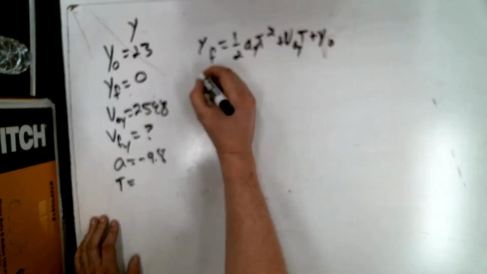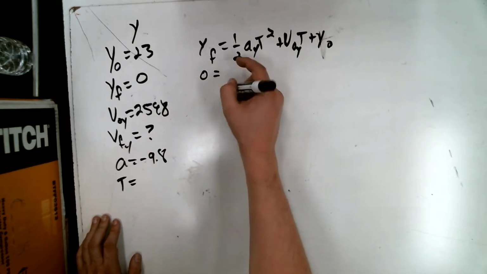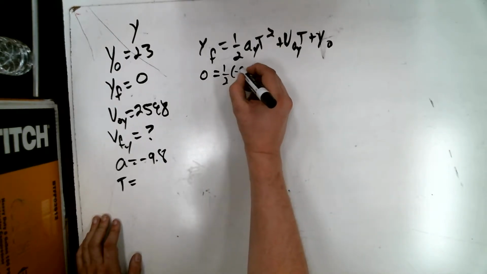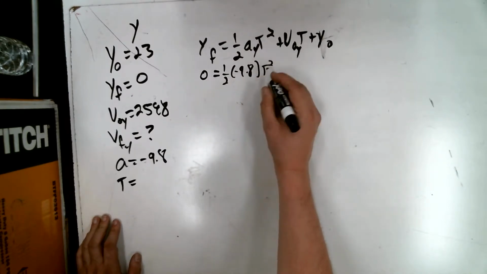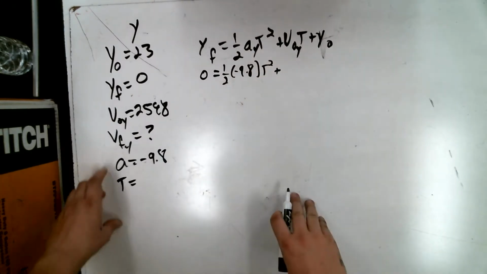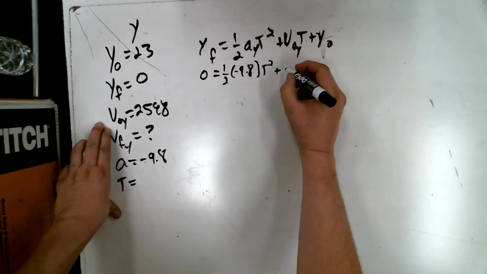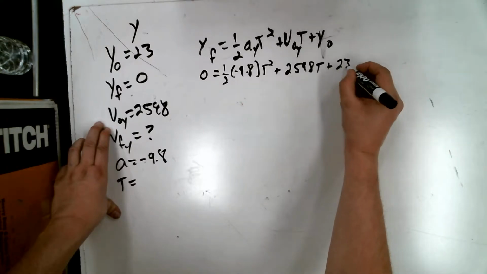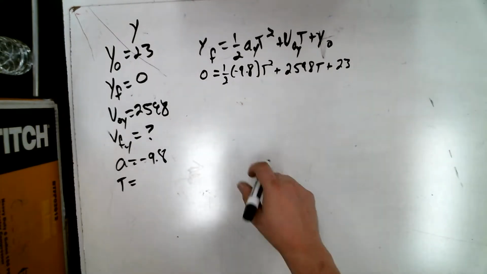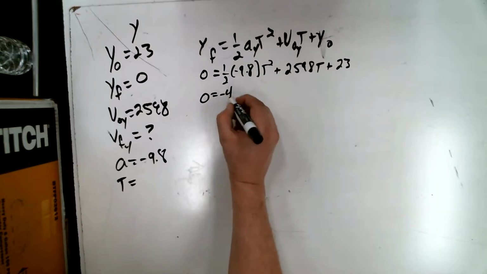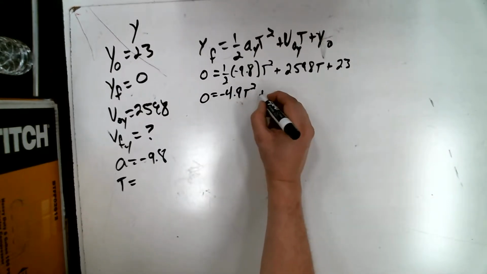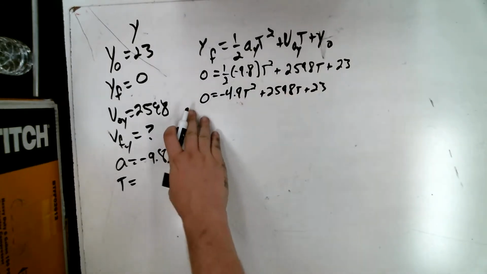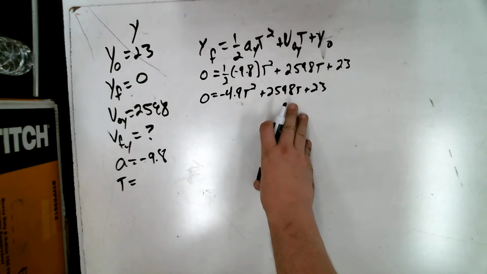I end on the ground, so 0 equals 1/2 of negative 9.8 t squared plus v naught, that is a big number, 2598t, plus we started 23 meters above the ground. So 0 equals negative 4.9 t squared plus 2,598t plus 23.